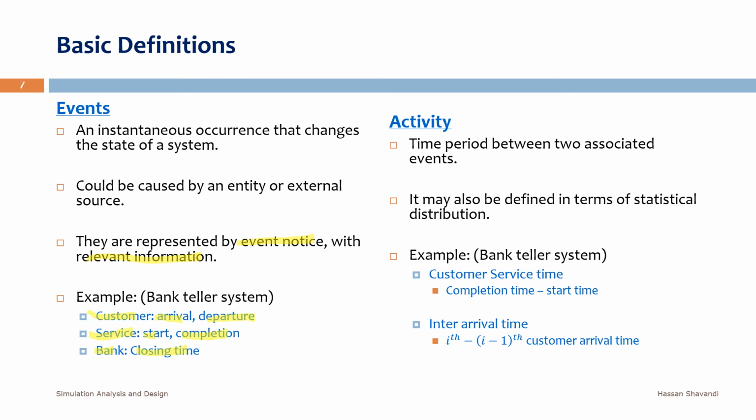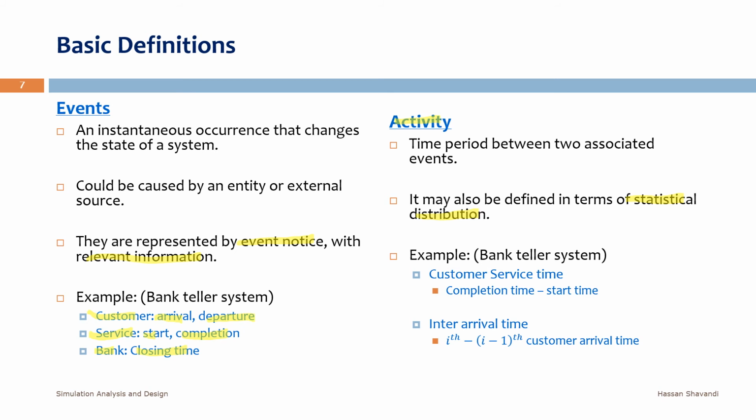So what's an activity? The time period between two associated events. If we have two associated events and we are interested in studying the time between these two events, then we call it an activity. And usually we represent these times by a statistical distribution because it's not deterministic, it's random, based on the nature of the system.